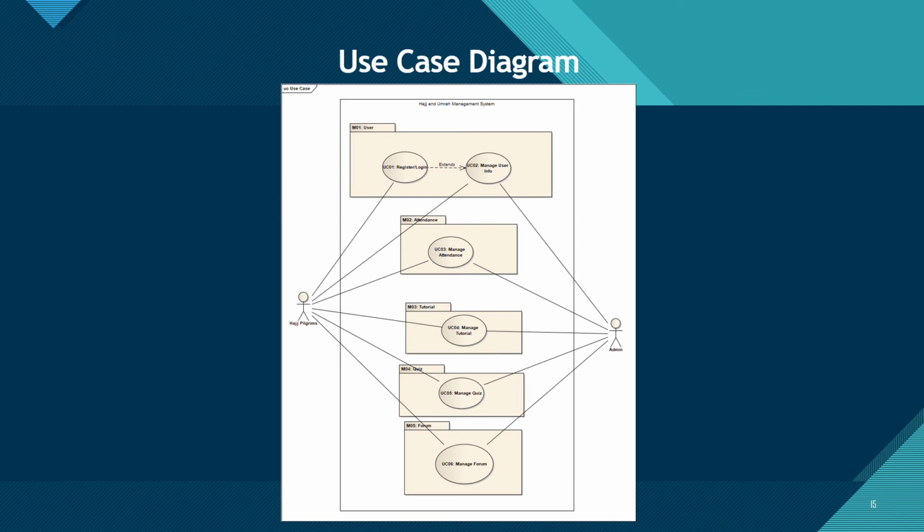So this is the complete use case diagram for the Hajj and Umrah management system. There are 5 modules and 6 use cases. Use case 1 and use case 2 are in the user module, for register and manage user info.